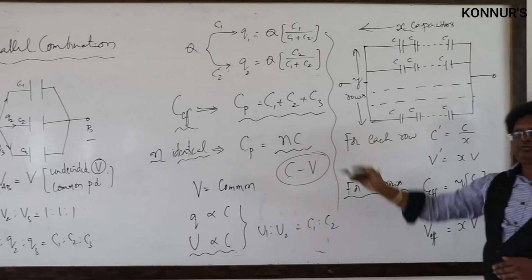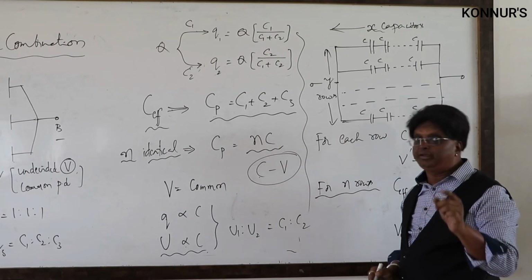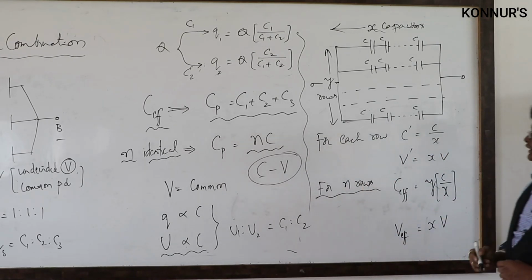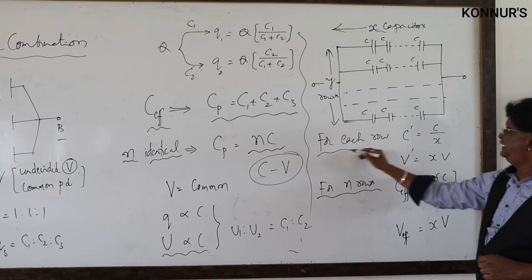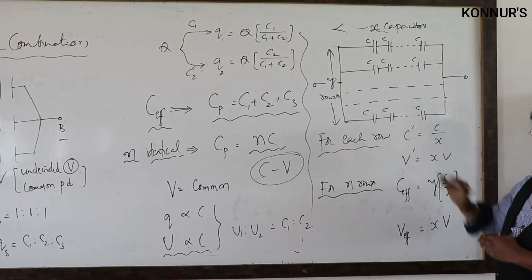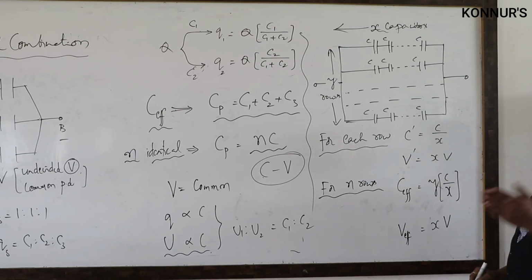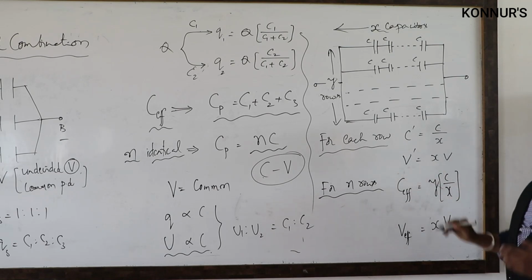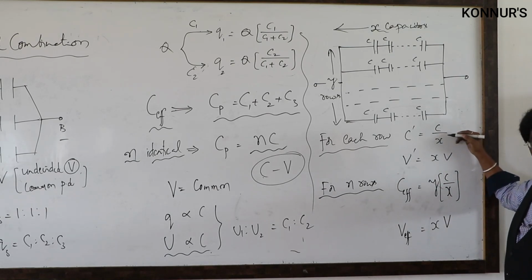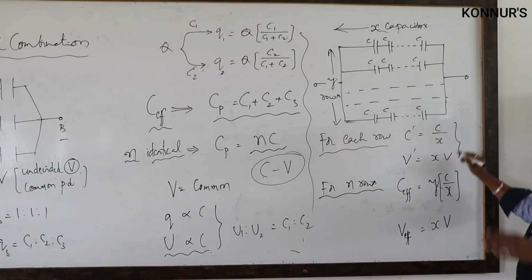And now we will make use of both the series combination and parallel combination rules here. Now for each row, what will be C dash? For each row, effective capacity will be C by X according to our earlier rule. V dash is equal to XV. Capacity decreases but potential increases. This is for each row.